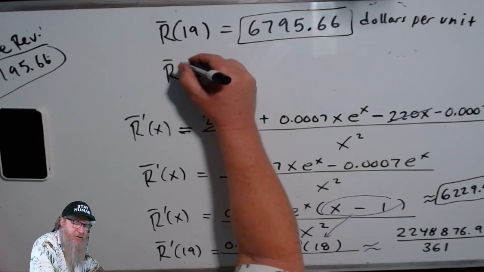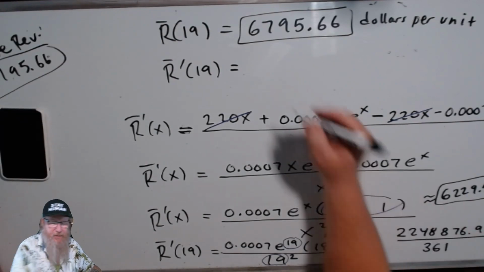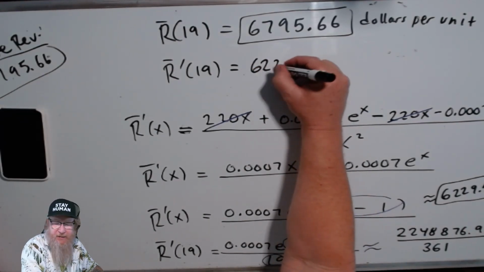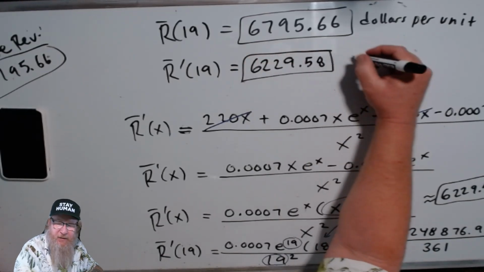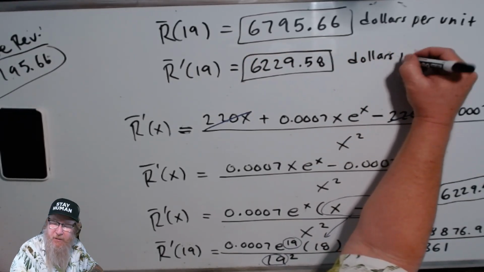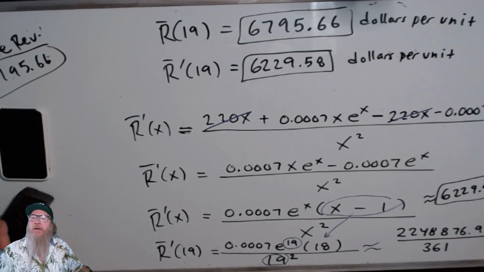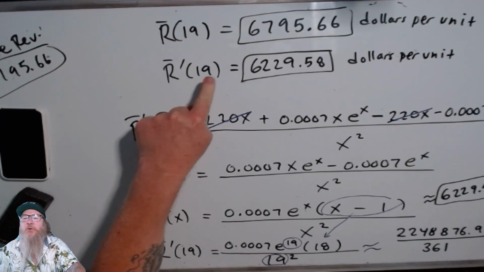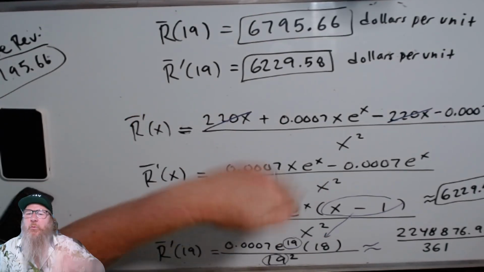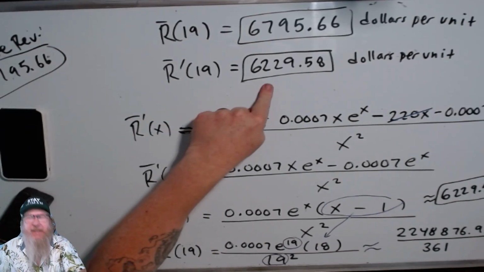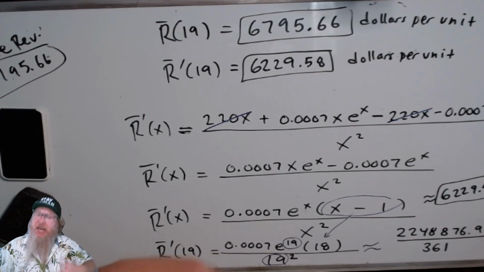And then the average marginal cost, or the marginal average cost, I say it both ways, $6,229.58 dollars per unit. So what does that mean? That means when you get to the 19th pair of shoes, the revenue is increasing by this much per unit. So sell another pair.